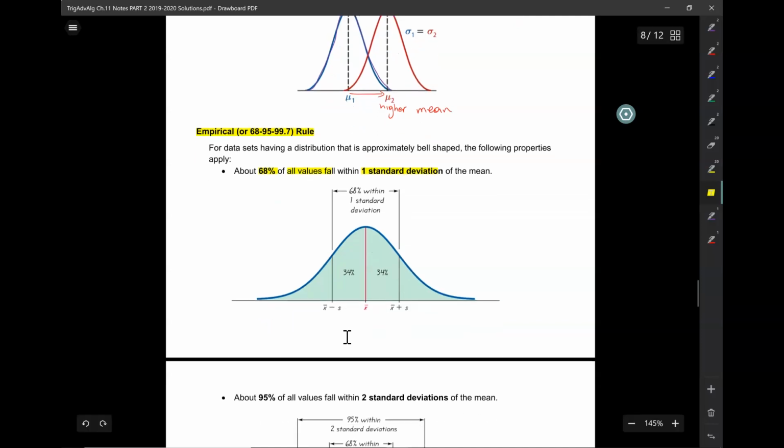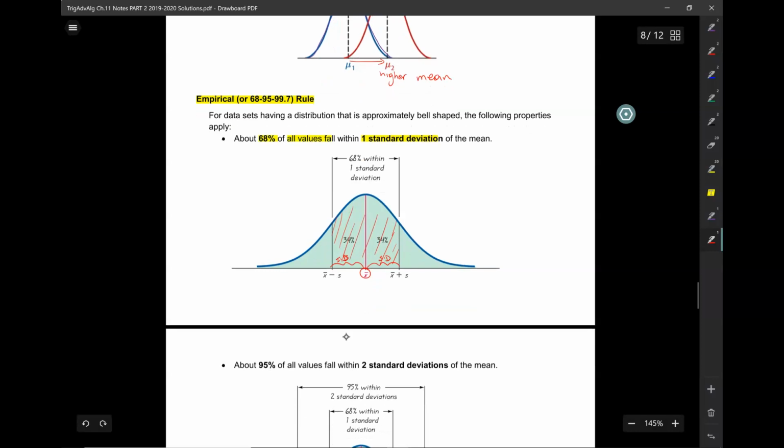Okay, so suppose this is the mean or the average of the test scores. And suppose the standard deviation is 5 points. So I go to the right by the standard deviation, 5 points. I go to the left by the standard deviation, 5 points. And then when I shade that area, 68% of all of the test scores are going to fall within these values.